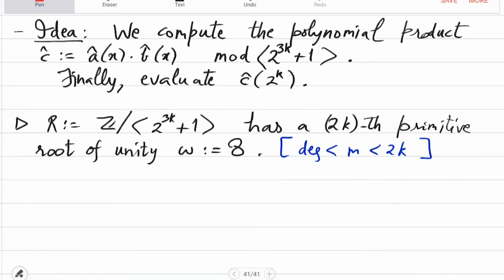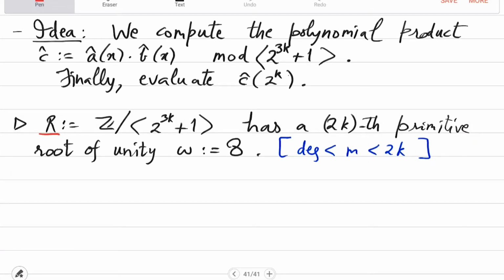So our ring is this R, integers modulo 8 raised to k plus 1, which makes 8 a 2k-th primitive root of unity. So this ring already has a primitive root of unity with order much bigger than required. What was required is only the degree of the polynomial a hat, which is less than m, that is less than 2k.